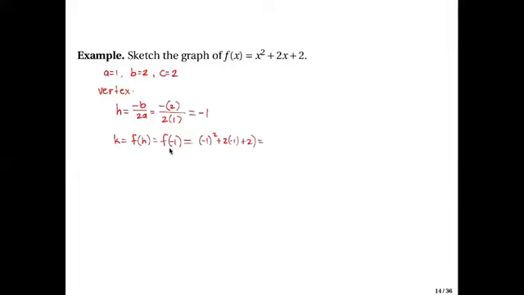And this is equal to positive 1. Which means that the vertex here, h comma k, is negative 1, comma 1.